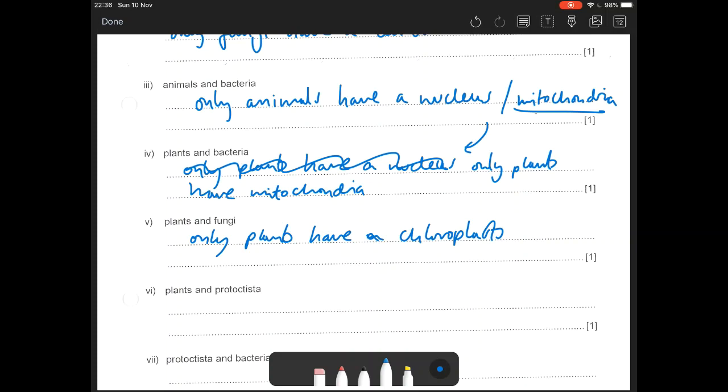Fungi don't. Fungi feed by secreting enzymes and digesting decaying matter. That's why we find them growing on rotting fruit and in damp woodlands. Whereas plants, we saw from an earlier question, are autotrophs. They produce their own food by the process of photosynthesis, and in order to do that, they need the chloroplasts.